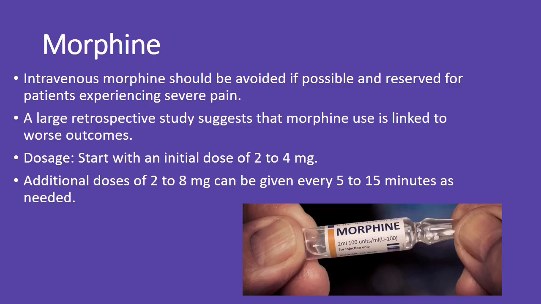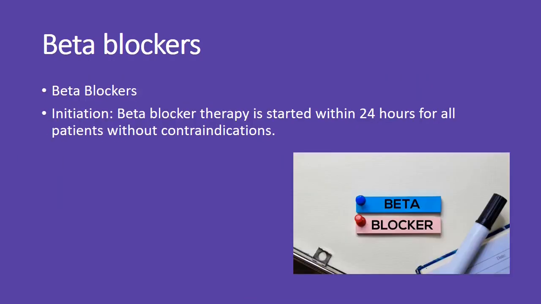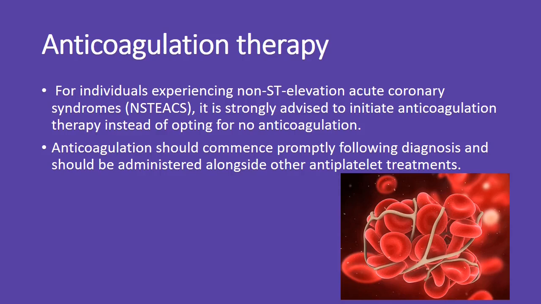But large retrospective studies suggest that morphine use is linked with worse outcome. So liberal use of morphine is not advised. Beta blockers are indicated within the first 24 hours if there is no absolute contraindication, to reduce the ischemic attacks and to prevent life-threatening arrhythmias. Anticoagulation therapy.